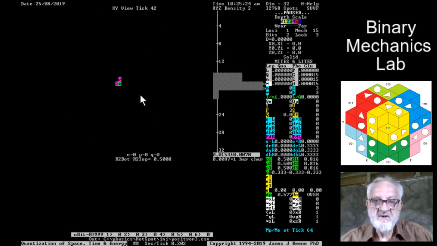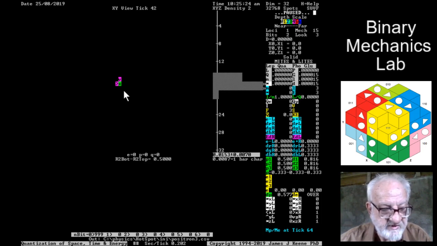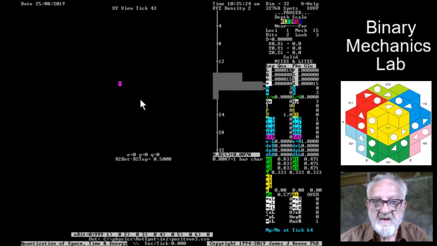Will it pause? Oh, it paused, but not exactly where they're all back to the initial location. Okay, so I'm going to press the W key here, which will unpause it, but also put it in single step mode. All right, press space key. Aha, there we are, back to 0.